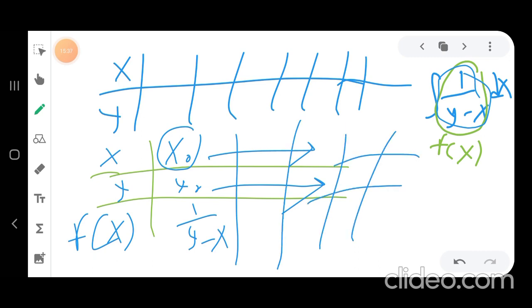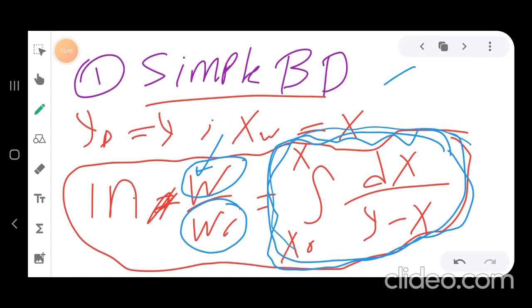One of the ways is to use the trapezoidal rule. If you want to find this integration, in other words, ln W over W naught equals the integration. How to find this integration? One of the easiest ways is to apply the trapezoidal rule, or you can use Simpson's 1/3 rule, Simpson's 3/8 rule, quadrature rule, or whatever numerical method, but the easiest way is the trapezoidal rule, yet enough for design calculation.